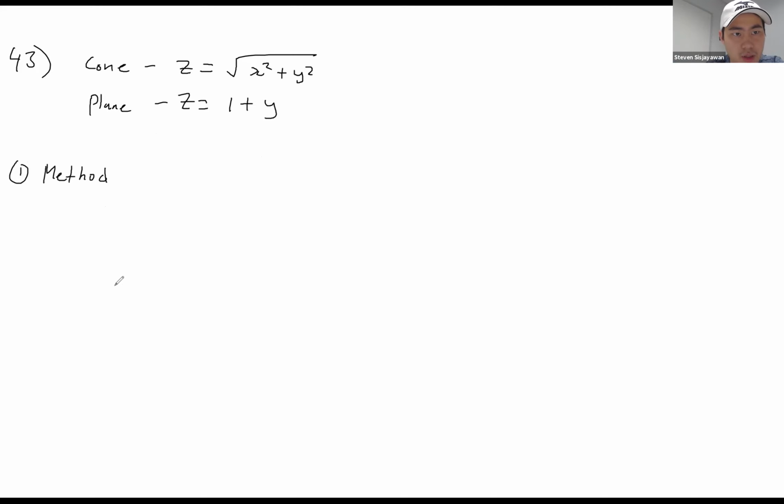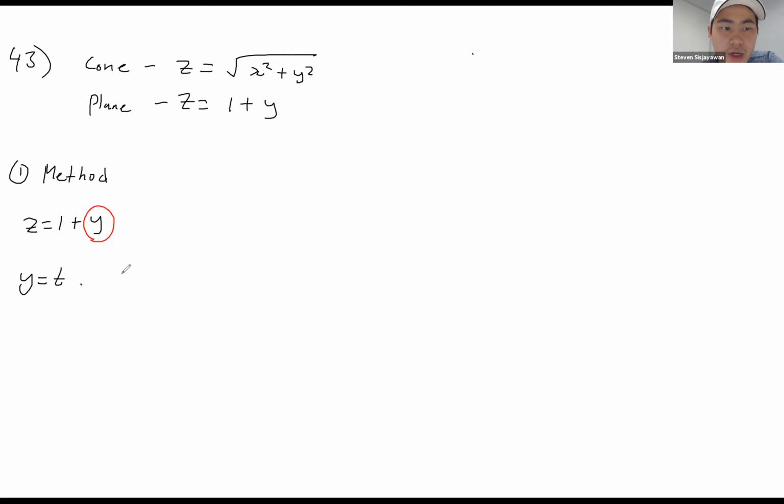Okay, let me move my screen. All right. So looking at the plane equation, I have z is equal to 1 plus y. Whenever I look at these kinds of questions where you have one variable dependent on another variable and it's linear, what you can do is treat one of the variables as t. So I'm going to look at y and set y equal to t, right?